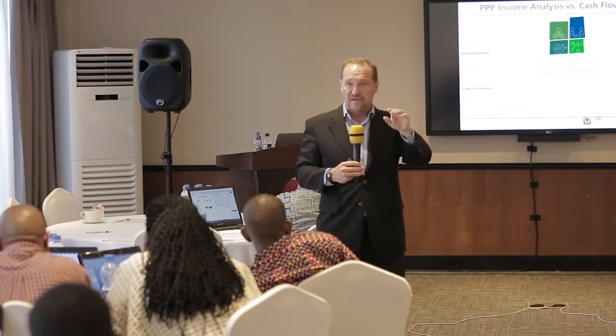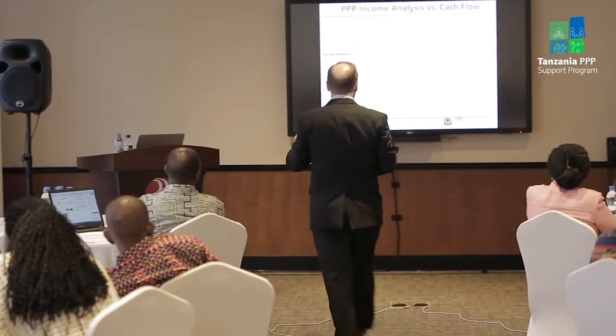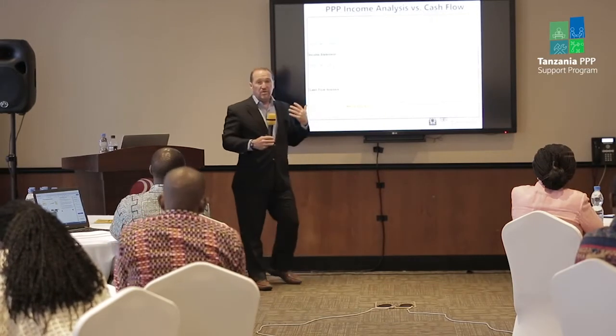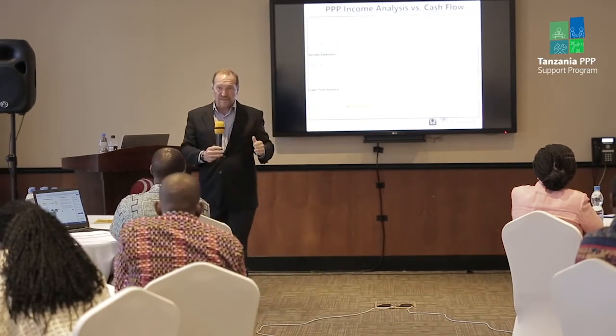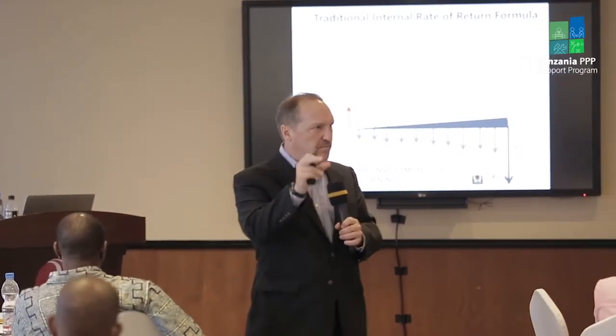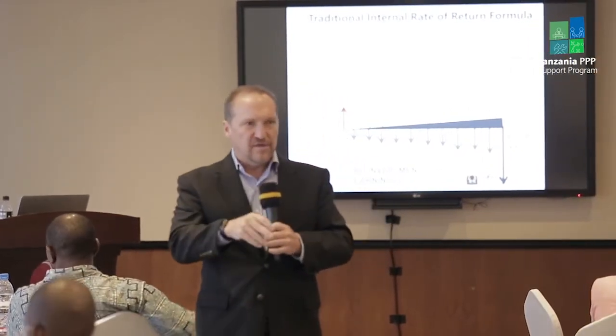So you might have a worksheet that just has all the details of different tariffs for different classes of users, but it all sums up to a number here. And you'll have a couple more. But what I wanted to show you here is at least now we've put all the pieces together and we can see it on one page. Well, our traditional IRR formula, when we put it into Microsoft Excel, we say compute the IRR and it gives you a rate.